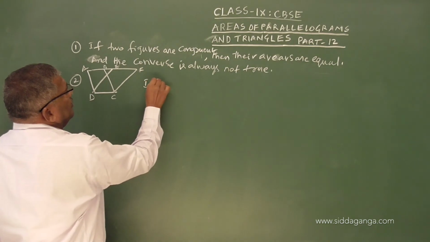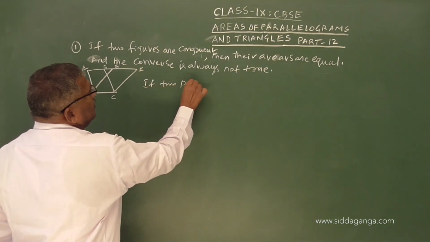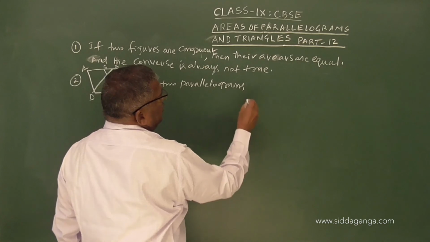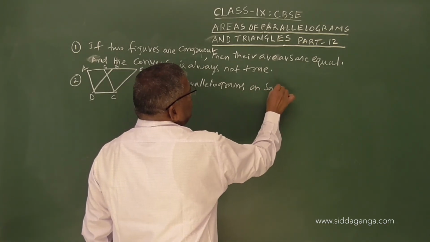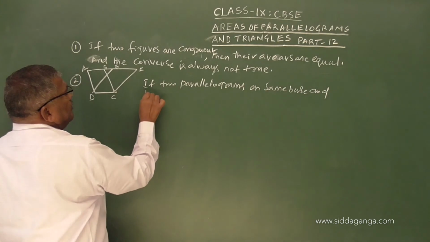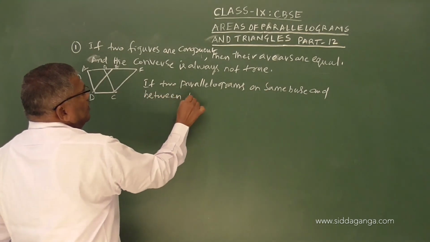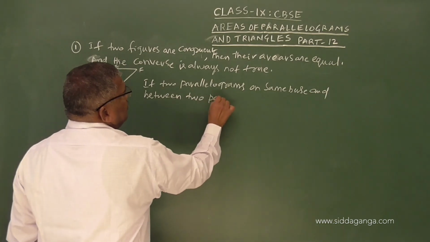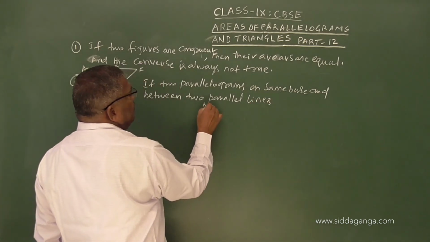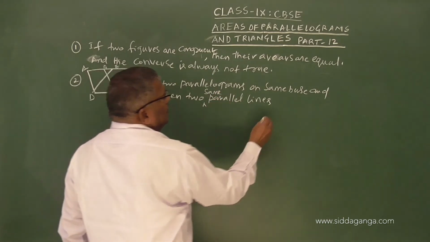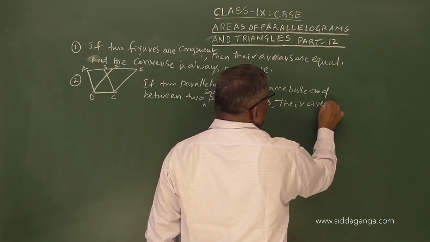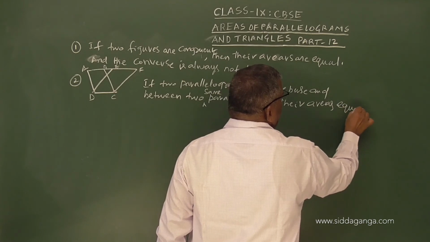If two parallelograms are on the same base and between two same parallel lines, their areas are equal. This we have learnt.